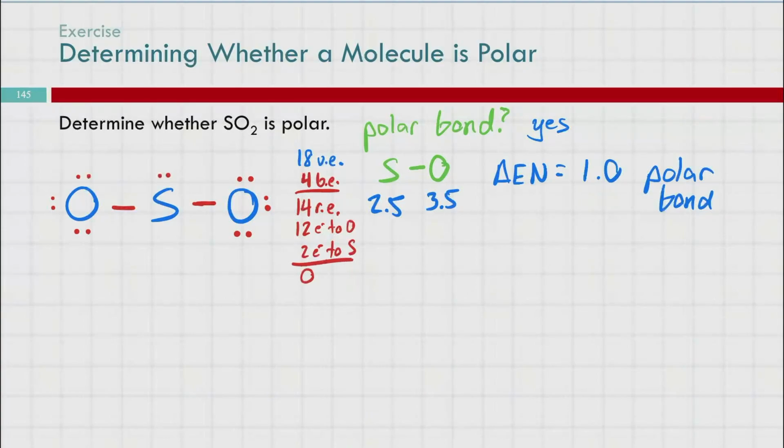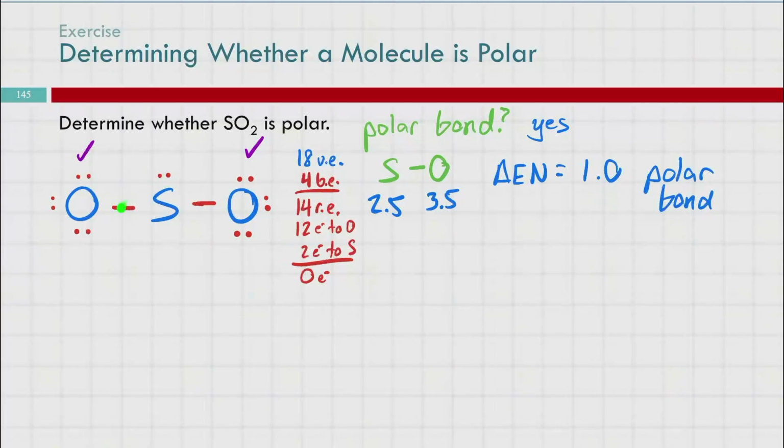So that's all of our electrons up on the board. If we check our octets, oxygen is happy. Both of them have their full octet because of those 3 lone pairs plus the 1 bond. Our sulfur, however, not happy.